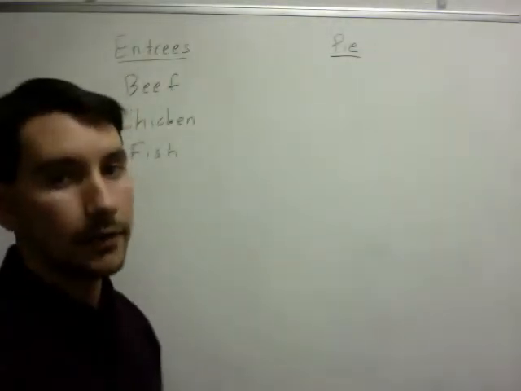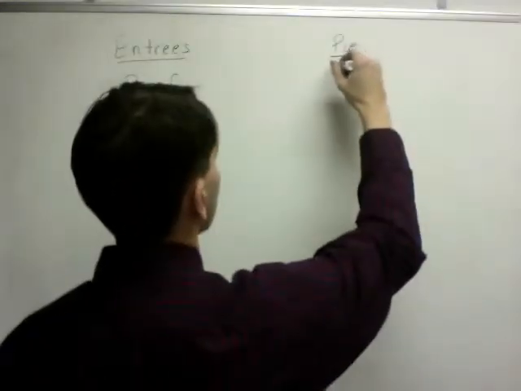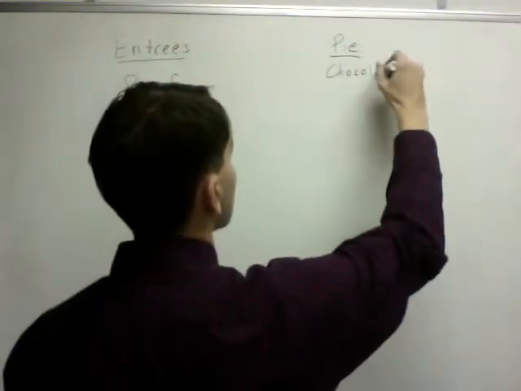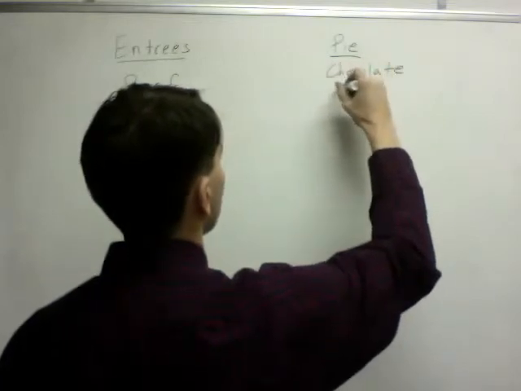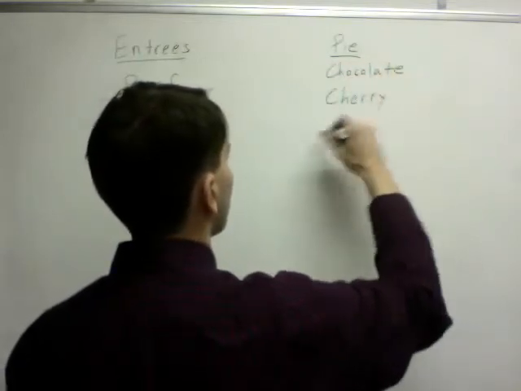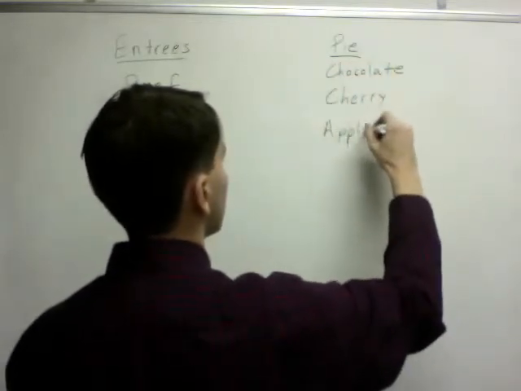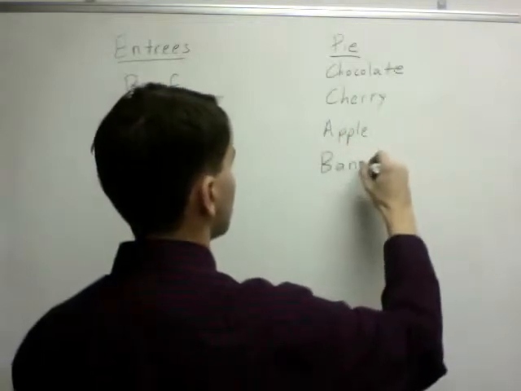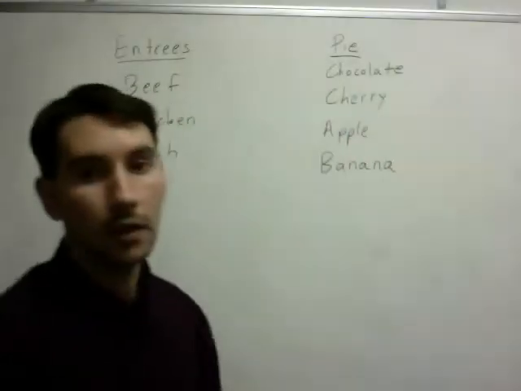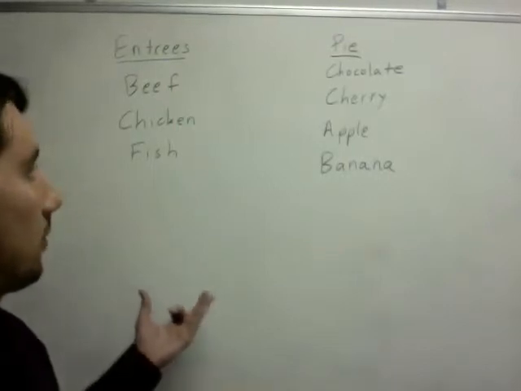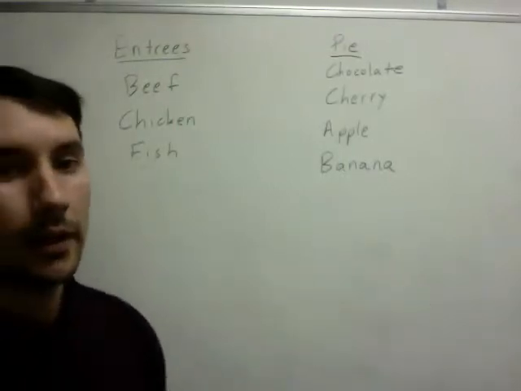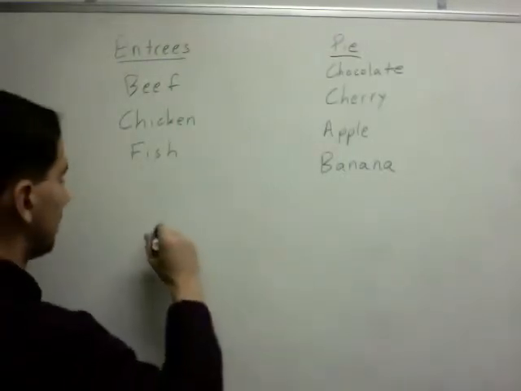And among the pies, let's say that there's a chocolate, there's a cherry pie, apple pie, and banana. So you get 3 choices for entrees, 4 choices for pies. The question is, how many choices are there for dinner?